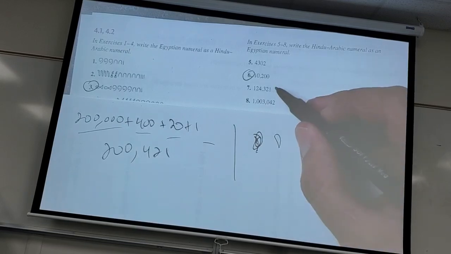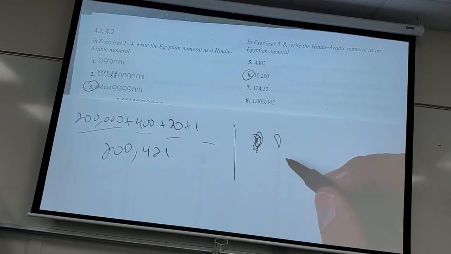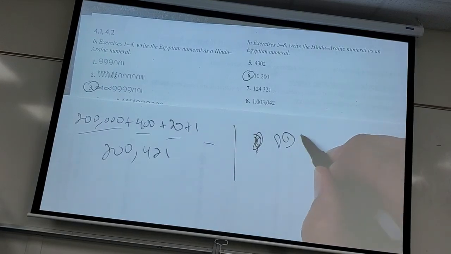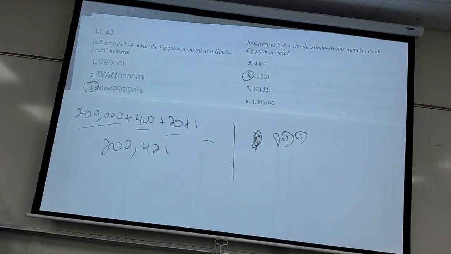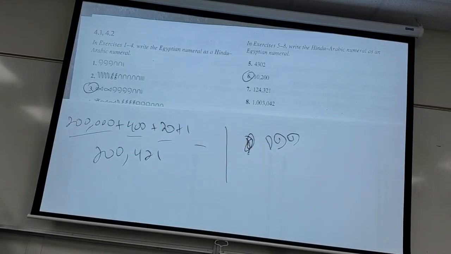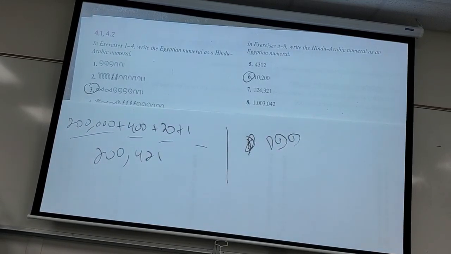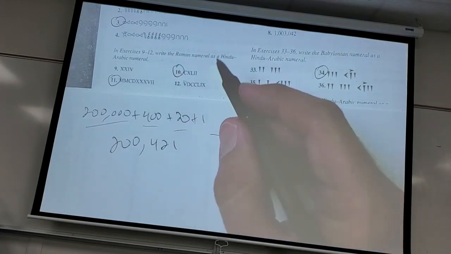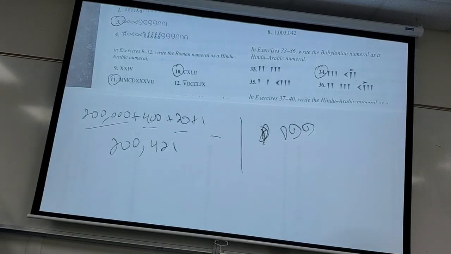So 10,200, which kicks ass, because all you need now is 2 scrolls, right? So the Egyptians beat us in a lot of numbers, unless it's a number with 9s. Which is a lot of numbers. So, what about the 2 here, the Roman numerals? Looking at number 10.